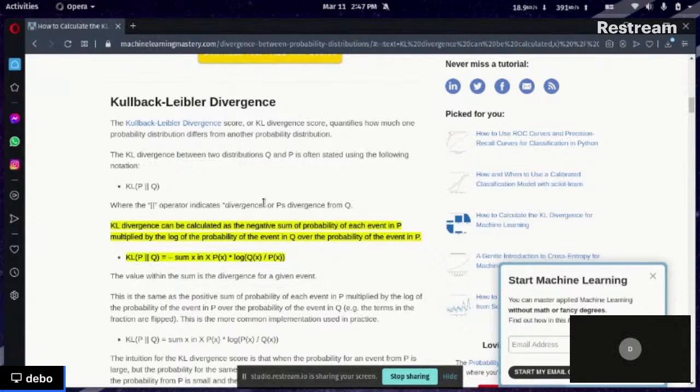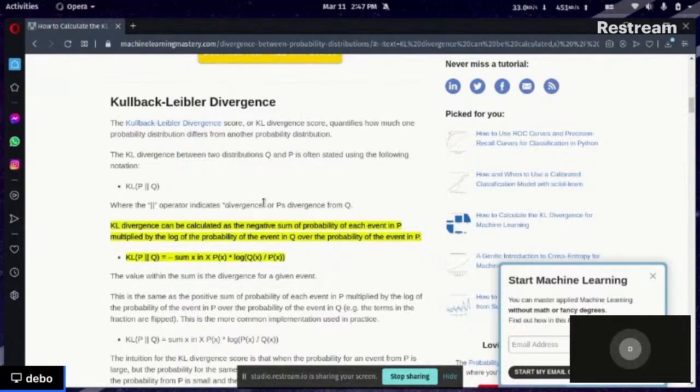Let's say we have a distribution where we can throw two dice, and there will be some probability distribution of numbers 1 to 6, and another distribution can be where we toss two coins, and we need to get heads or tails, and that can be another probability distribution.